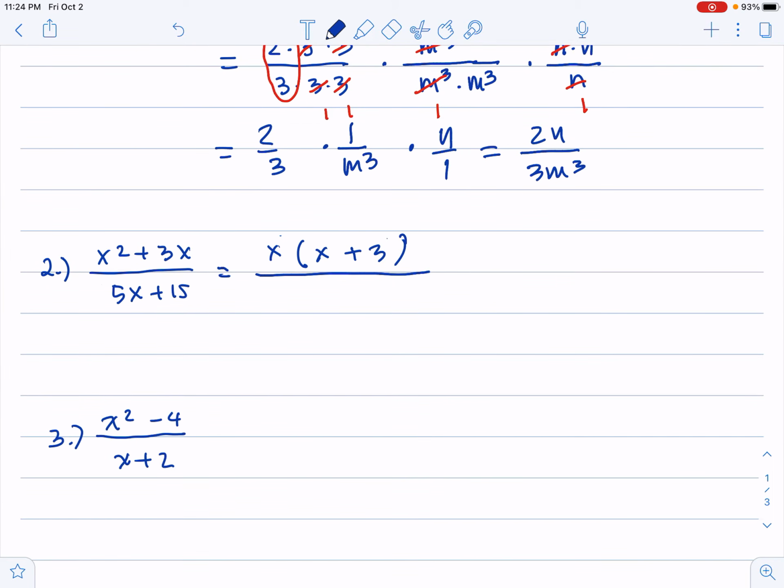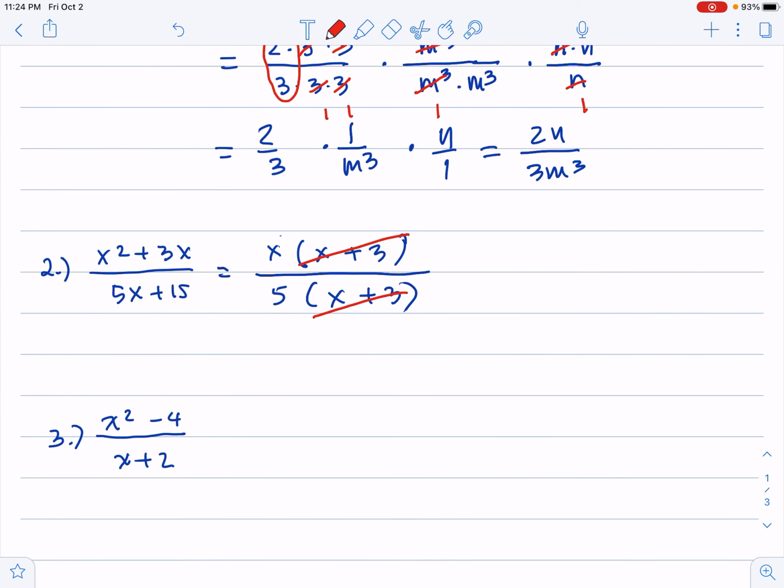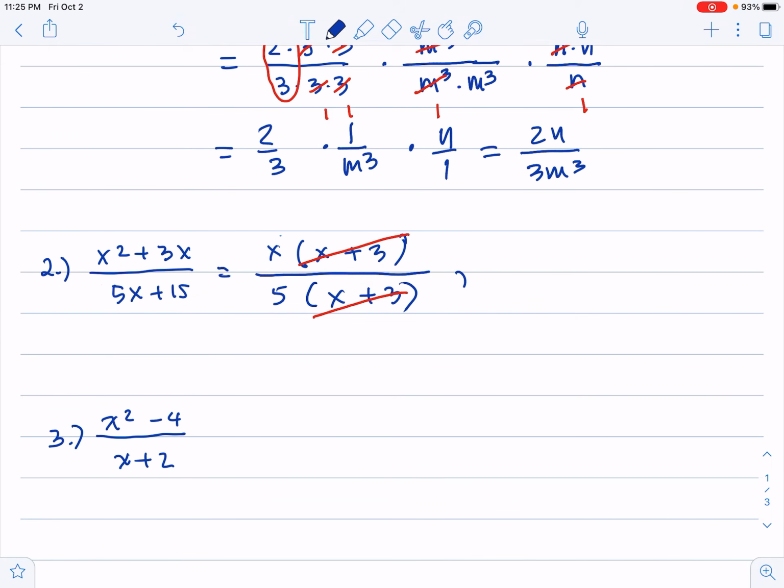So, divided by, ano ang common? Pwedeng mag-factor out ng 5, di ba? So, 5 times x plus 3. Okay? So, anong pwedeng i-cancel? Pwede itong i-cancel. No? Pero pag i-cancel natin yan, meron tayong idadagdag, that's x is not equal to negative 3. Bakit? Ano mangyayari pag negative 3? Pag negative 3 yung x mo, magkakaroon ka ng denominator na 0, no?